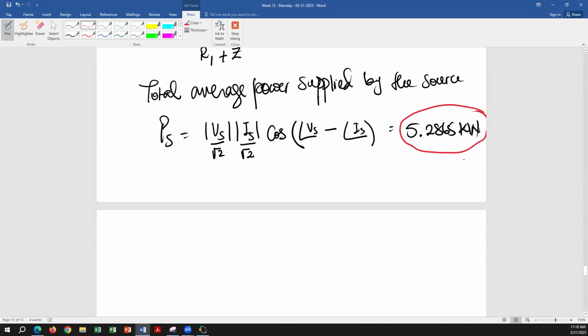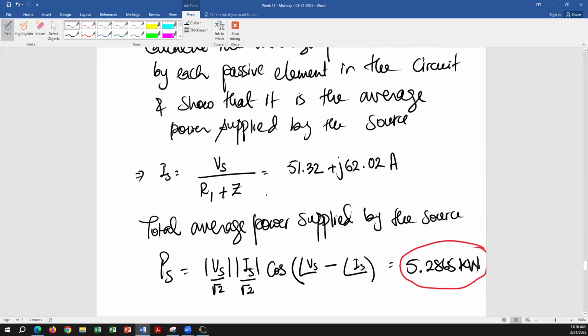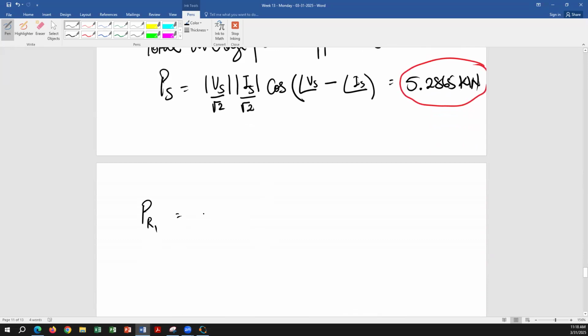Now we're going to calculate the individual powers consumed in R1 and R2. PR1: since we know the value of Is, and Is is passing through R1, we can calculate that first. PR1 is the magnitude of Is divided by square root of 2, squared, times R. That's the average power in R1; active power in R1 is the same thing.